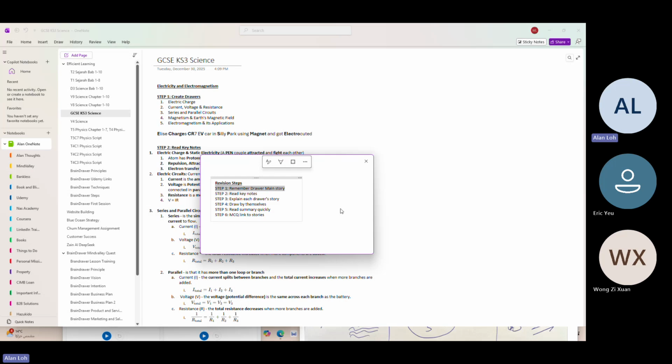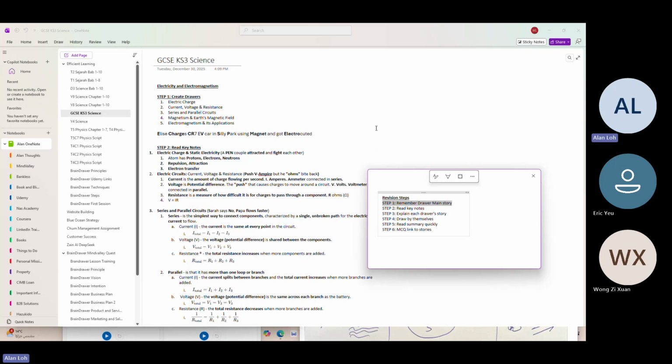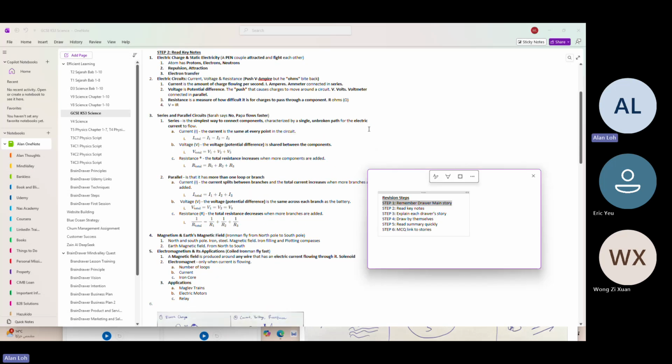Okay. So for the first step, you did what was required. Remember the main story, and that will help you remember the drawers in sequence. Very important, in sequence. So this is done. Now, step number 2, I would like you to read the keynotes.